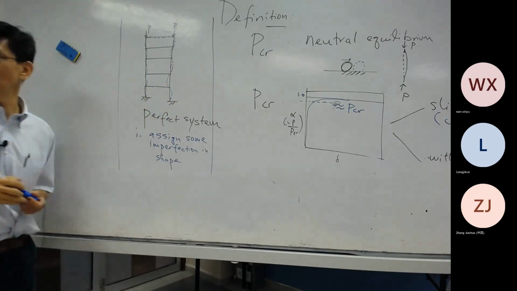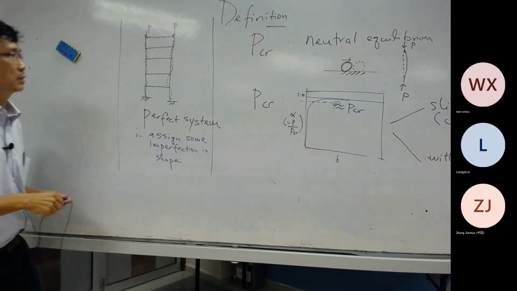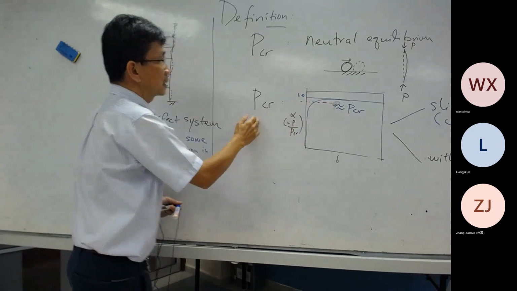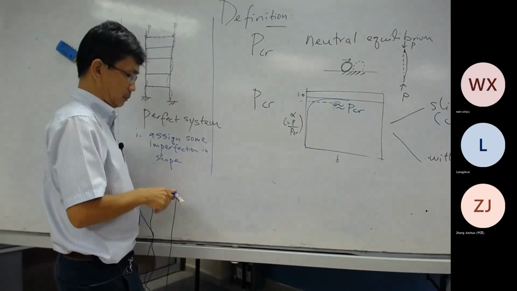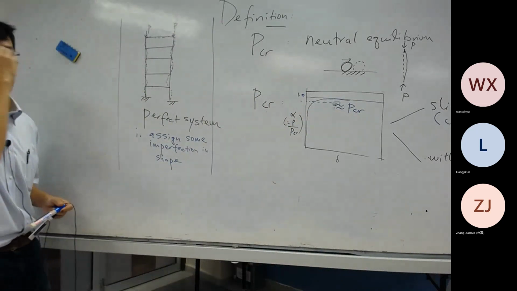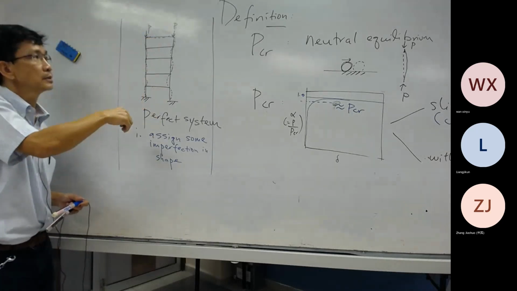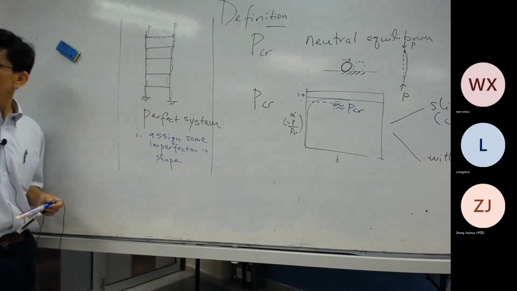A small one, okay? You give only some slight imperfection only, because if you want to estimate P critical using this second criteria, you have to give only slight imperfections. So one way you can do is in the computer program, once we have this model, we disturb the shape. We purposely make the column bend slightly.